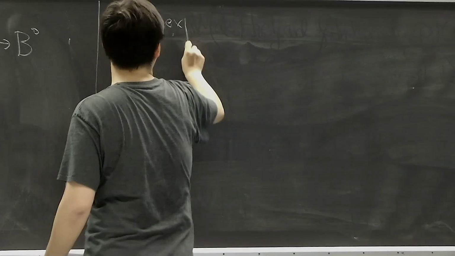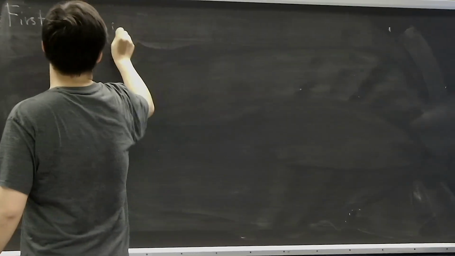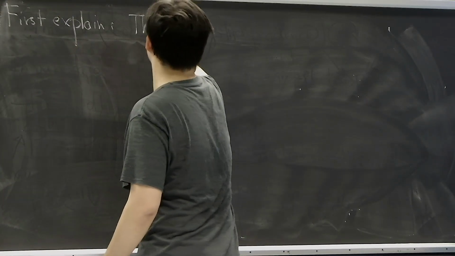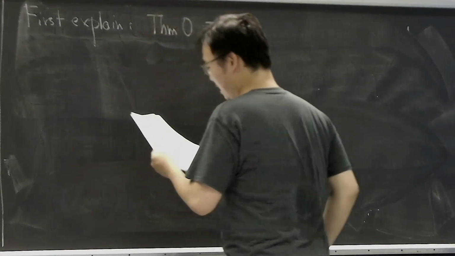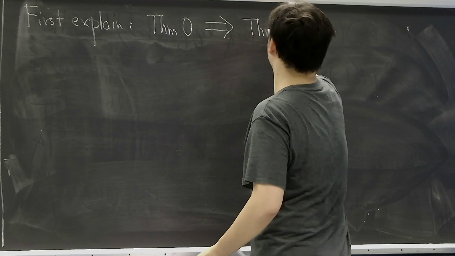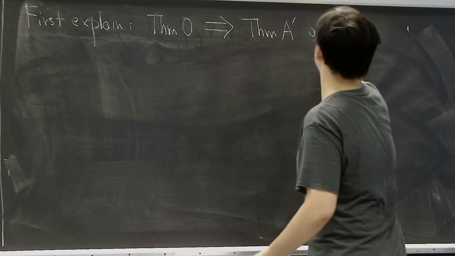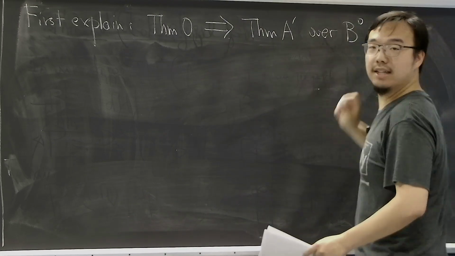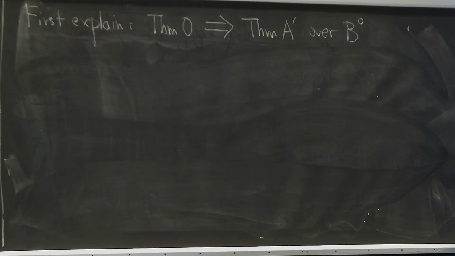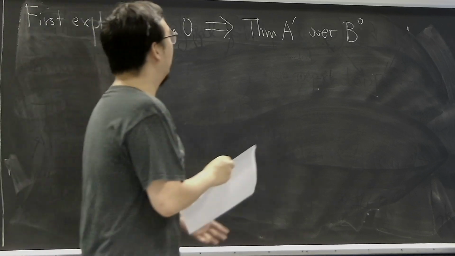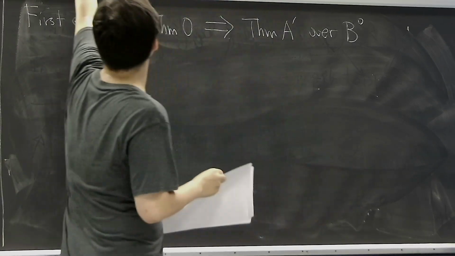Okay, so we first explain why this is useful. Namely, theorem 0 will imply theorem A prime over the integral locus. So we consider all curves, but we first throw away those non-integral curves and just focus on the integral ones.